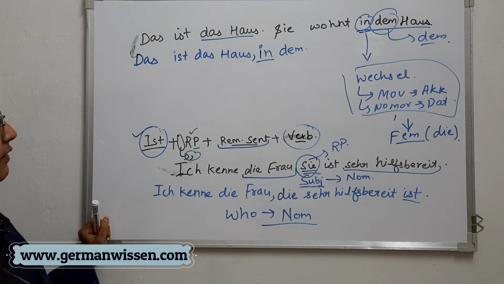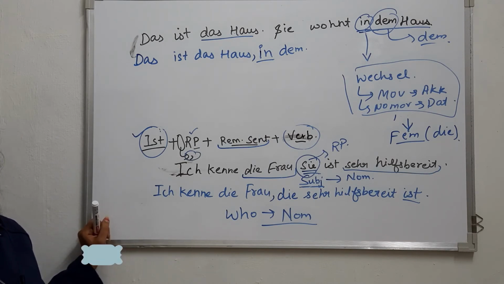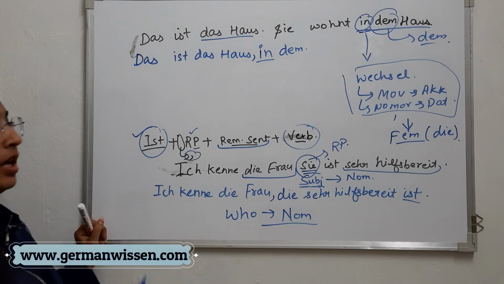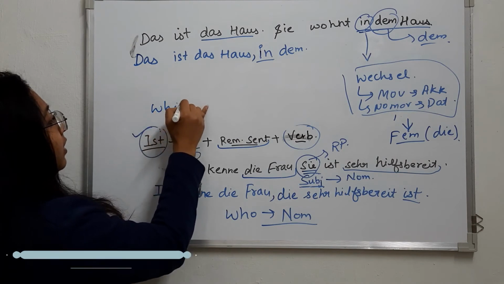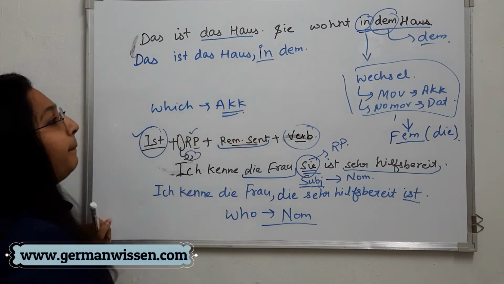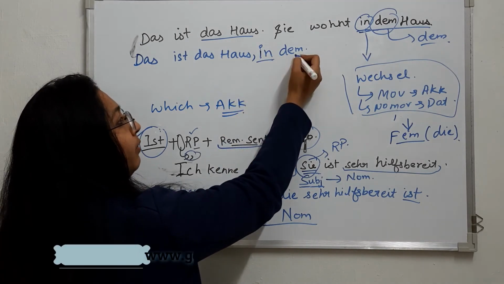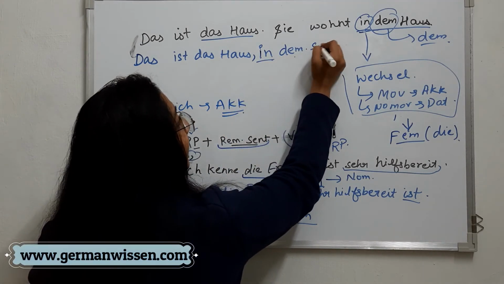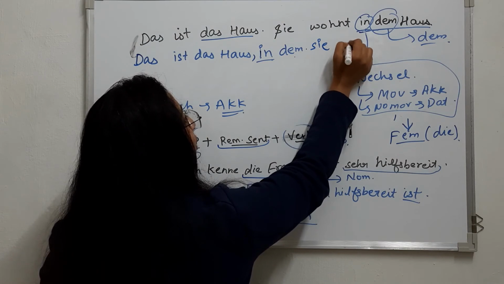Technically the sentence gives the meaning, that is the house in which she lives, which comes under accusative, but because of the preposition we take it in dative: in dem sie wohnt.